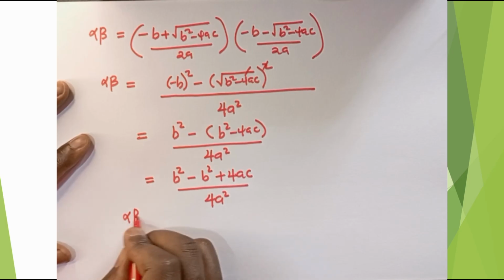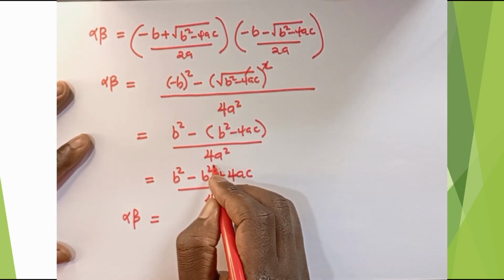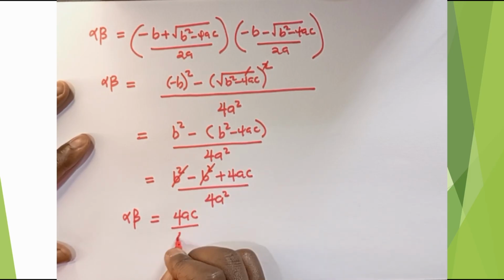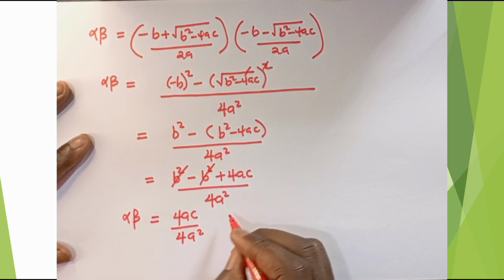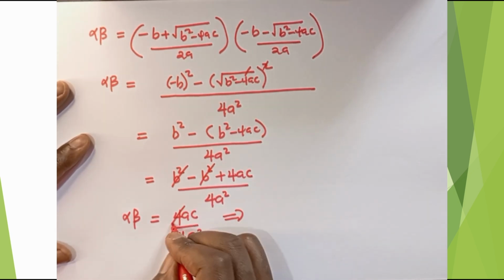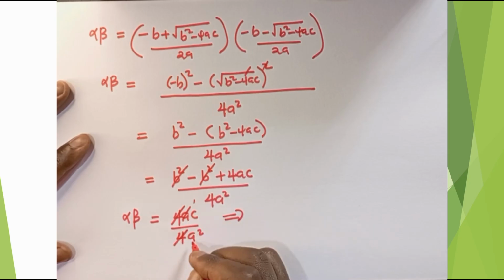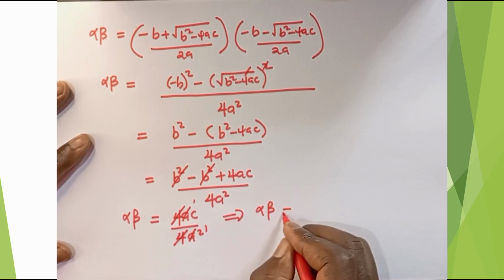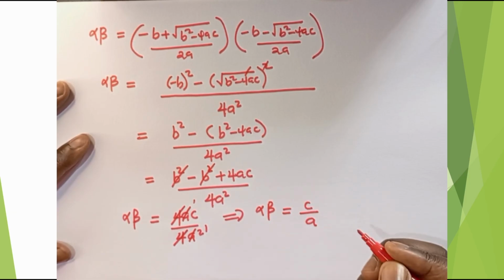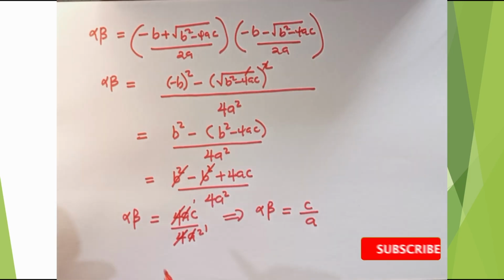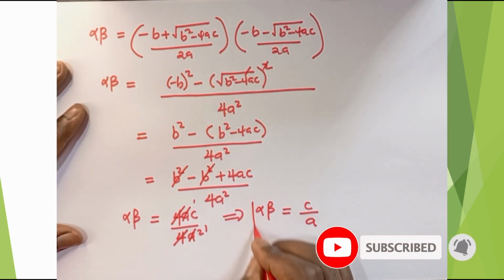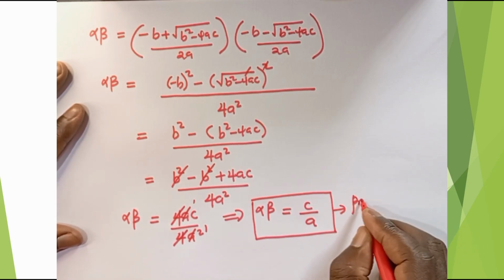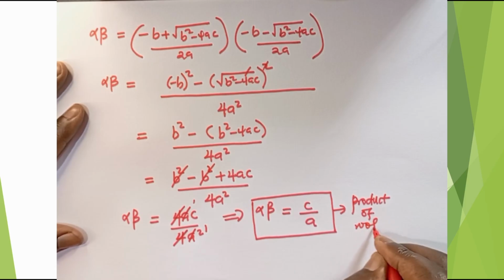So our alpha beta is equal to, now we can cancel this with that, 4ac out of 4a squared. If we reduce, the 4's go and the a's go, and we remain with 1a here. So our alpha beta ends up being c out of a. This is how you get the product of roots.